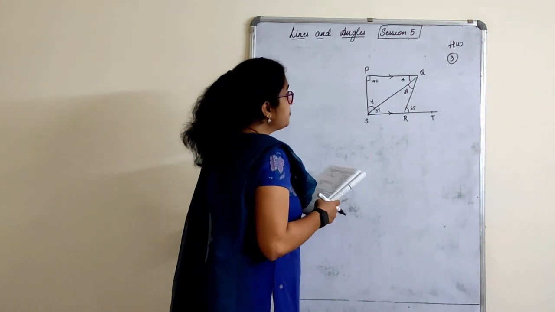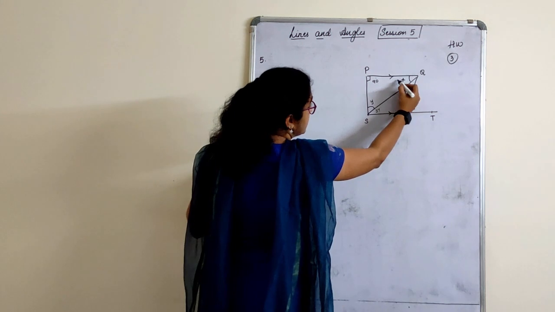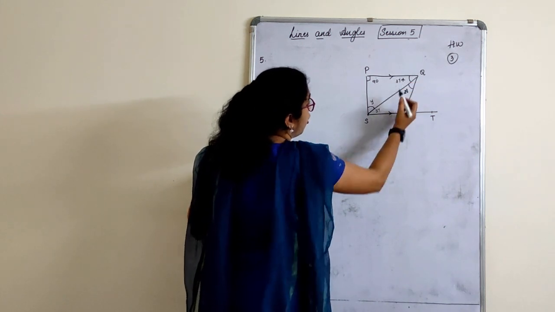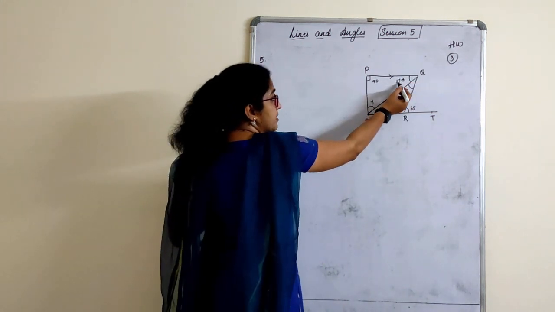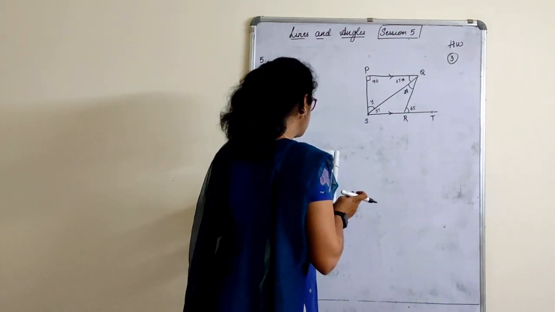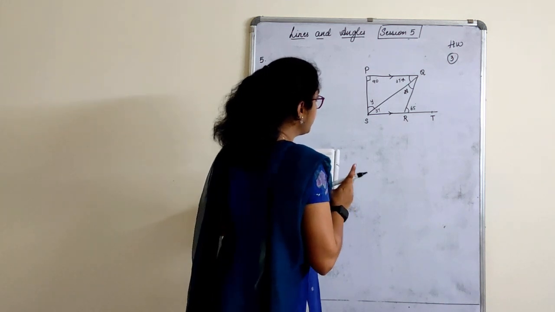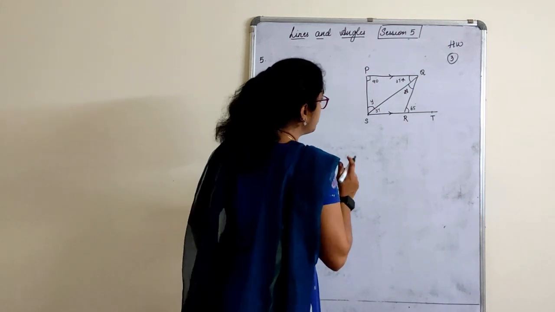So 28 plus this you got. If this is 37, what will be this? 37. Why? Alternate angles. So if this is 37 and this is 90, so 90 plus 37 when you get it, and when you subtract this from 180, how much are you going to get?